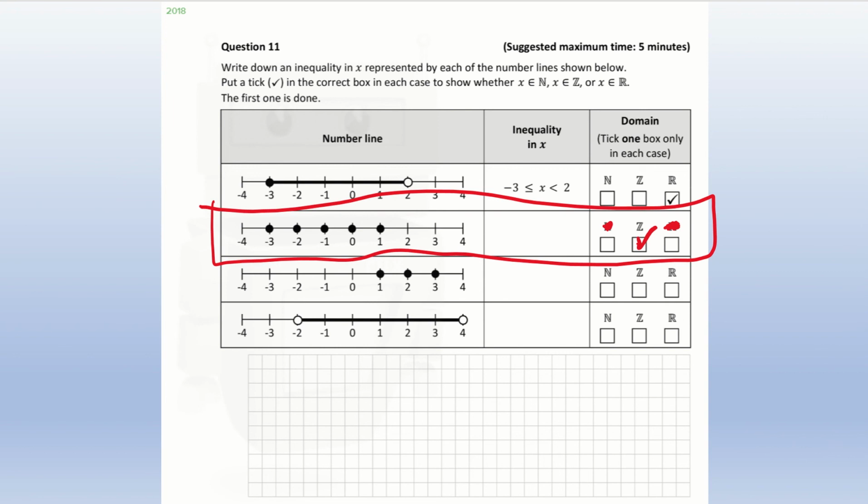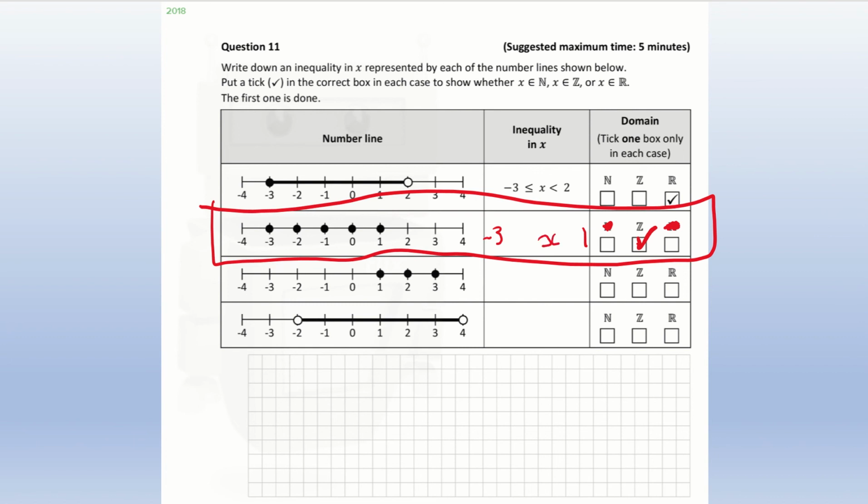Our next step is to try and find out, well, what's it in between? And we can see it starts at -3 and ends at, sorry, +1. So I'm going to put -3 here, I'm going to put 1 here, and I'm going to put my x in the middle.